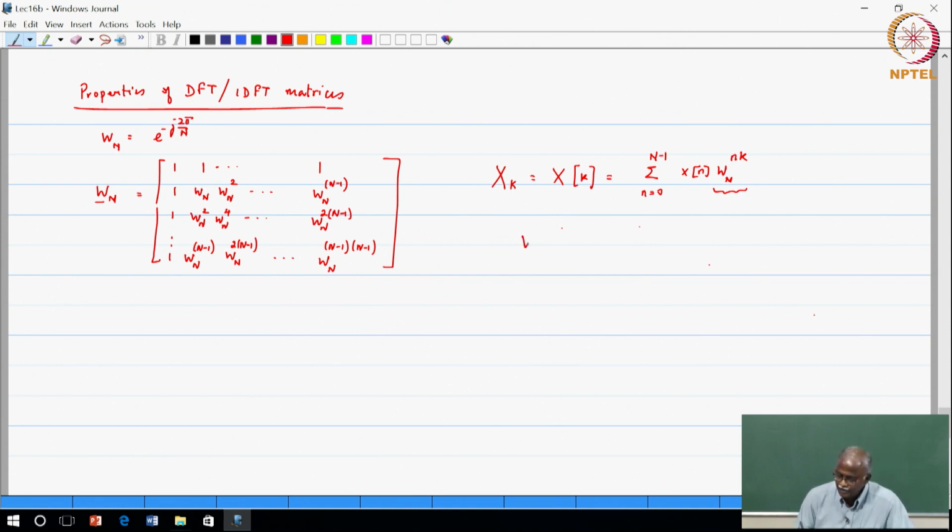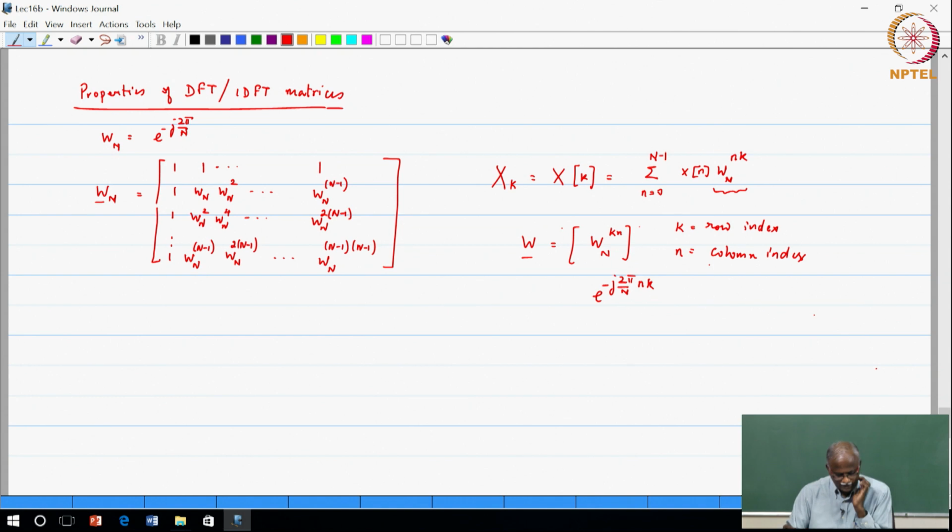So, the W matrix consists of entries which are Wn raised to the power kn, where Wn is e power minus j 2 pi over n. The element of the nth column and the kth row, k represents the row index, n represents the column index, and basically this will become e power minus j 2 pi over n times nk.